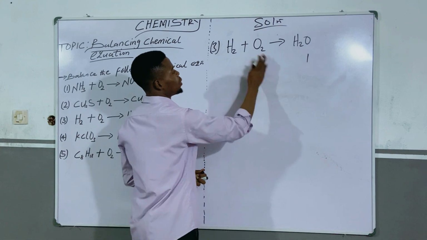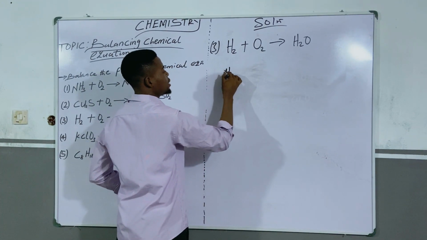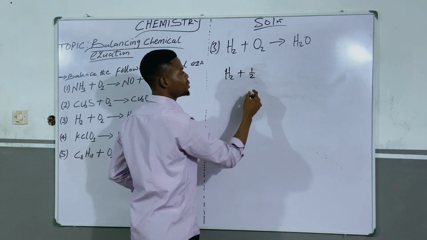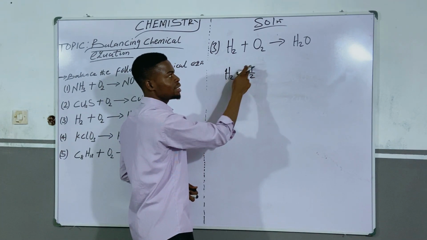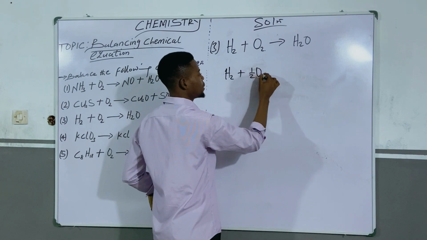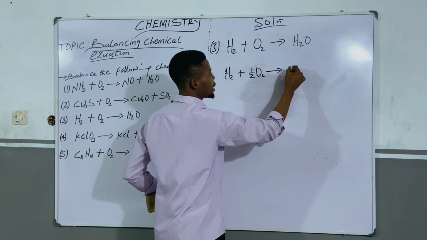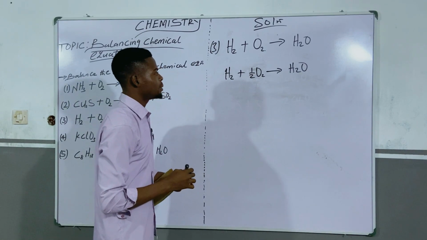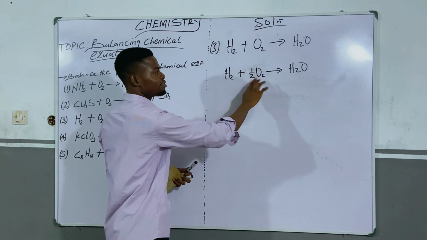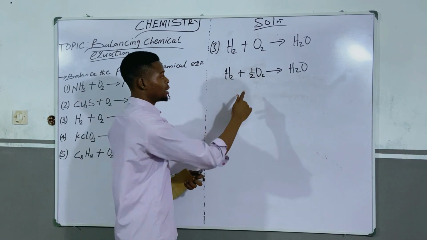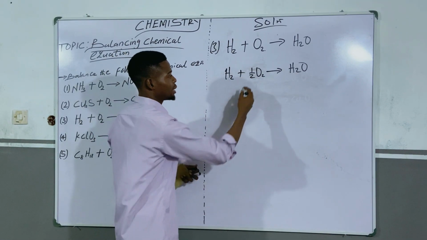So we are inserting H2 plus 1/2, that is, we need 1 oxygen, and this 2 is the subscript of the oxygen, to give us H2O. Now let's clear the fraction by multiplying everything by the denominator of the fraction, that is 2.